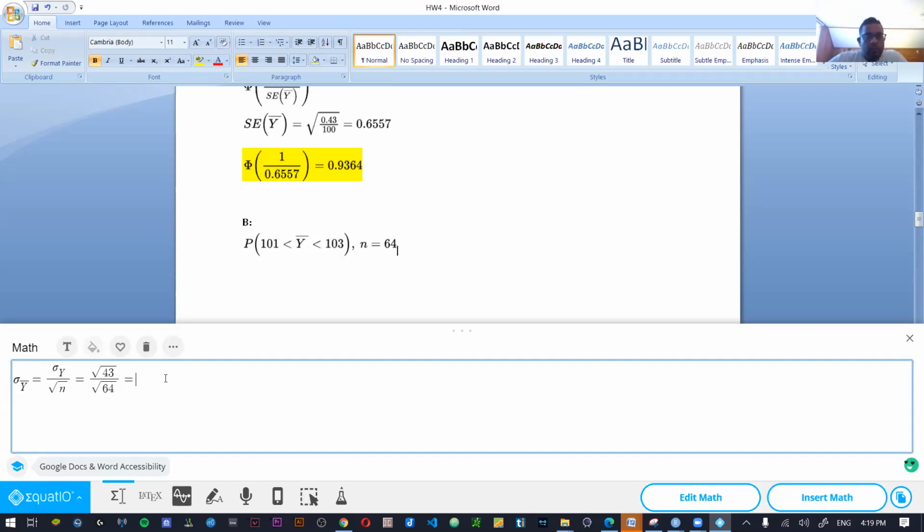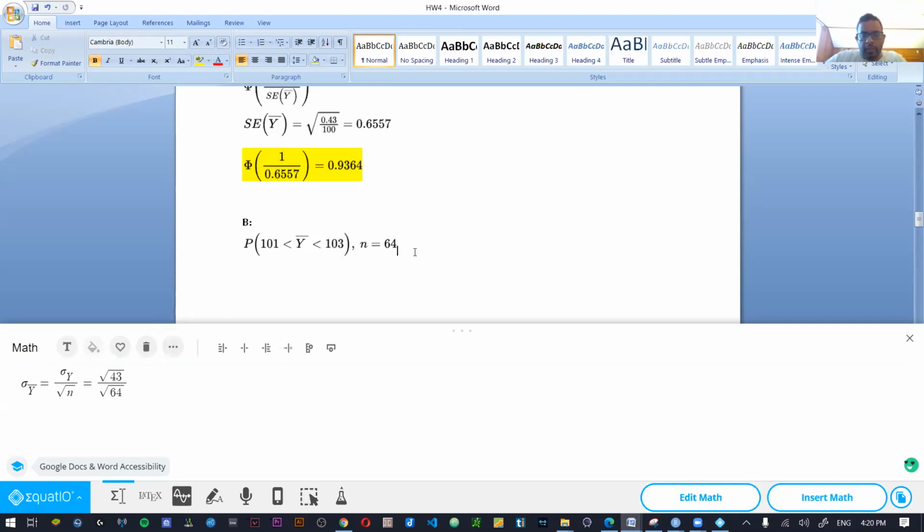So, okay, the square root of 43 over 64 is whatever number. You do that on the RStudio too, or how do you do it? I usually do it in a calculator. When I'm doing the problem by hand, I do it by calculator.